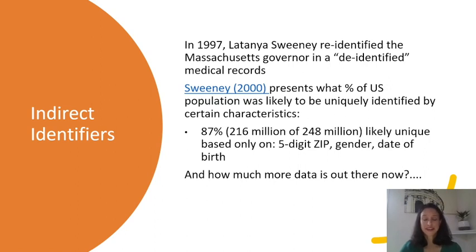And of course, how much more information is out there in the world about each of us now. So really highlighting that there's an ever increasing probability of re-identification within these data files, even when our direct identifiers are removed.